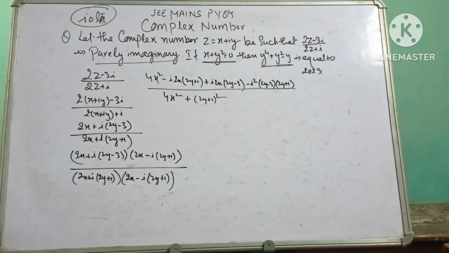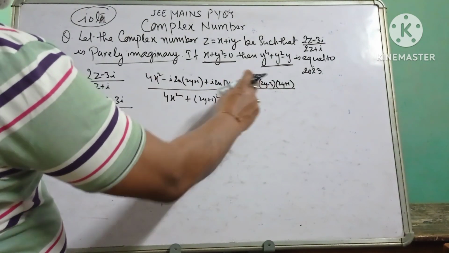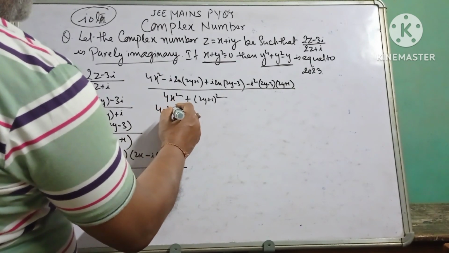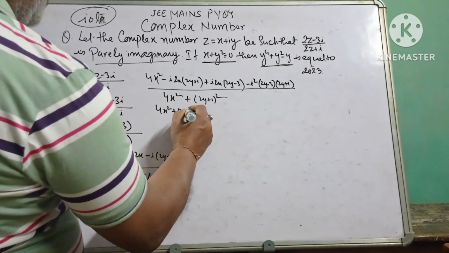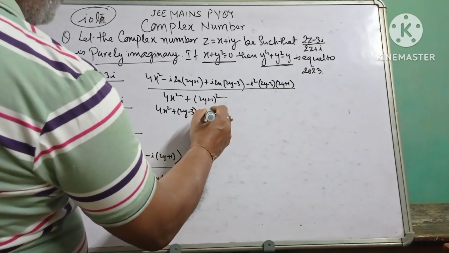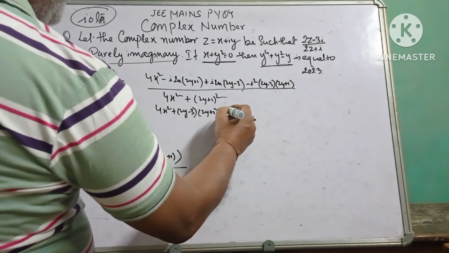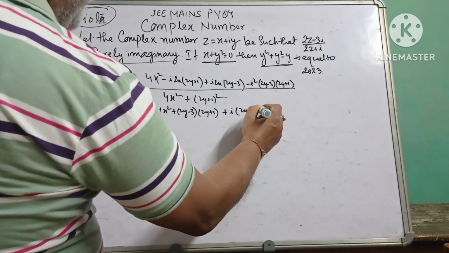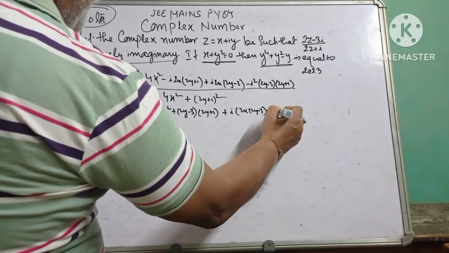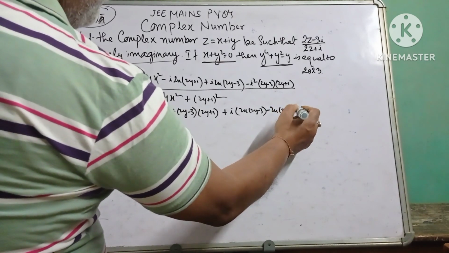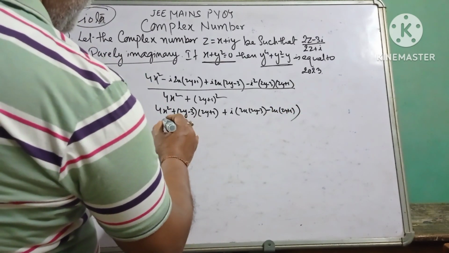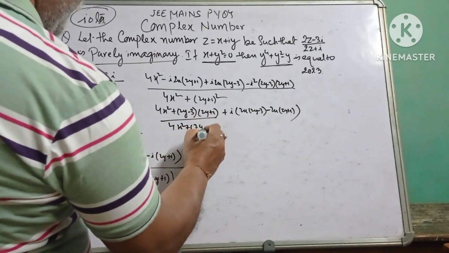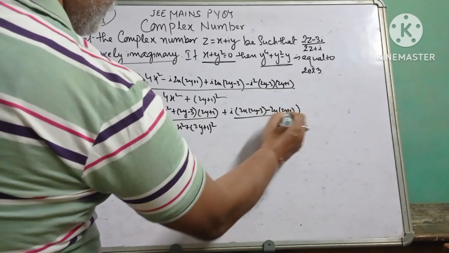Now what I am going to do here is that this is plus, so 4x square plus (2y minus 3)(2y plus 1), and here this is i times 2x(2y minus 3) minus 2x(2y plus 1), the whole divided by 4x square plus (2y plus 1) the whole square.